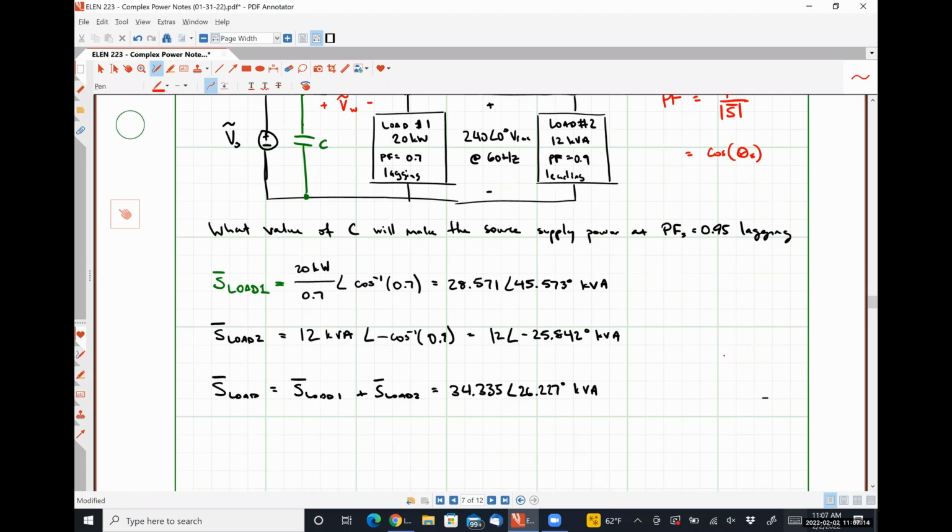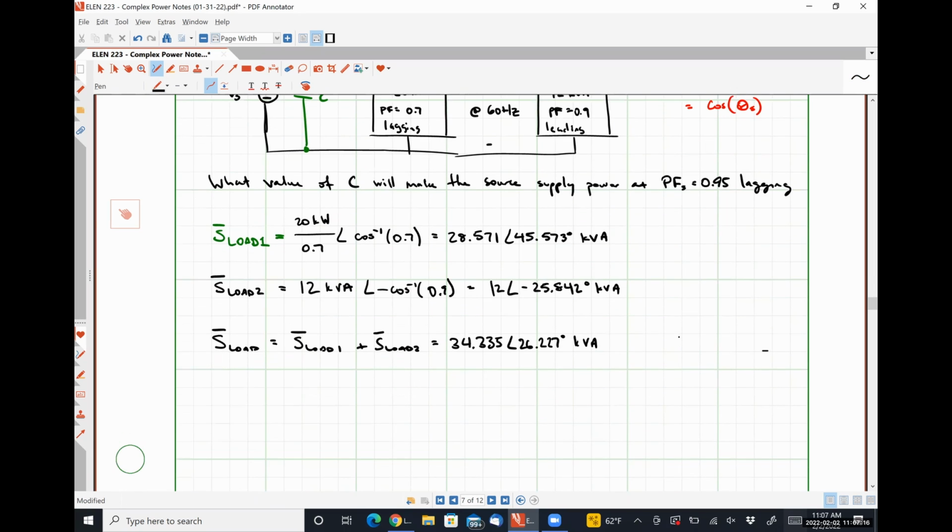So from that, we can say that S_load will be, by definition, V_load times I_W conjugate, because that's the current flowing into the combined load.